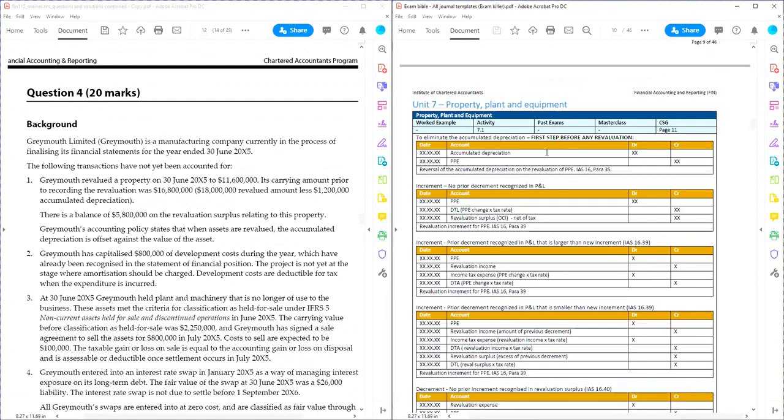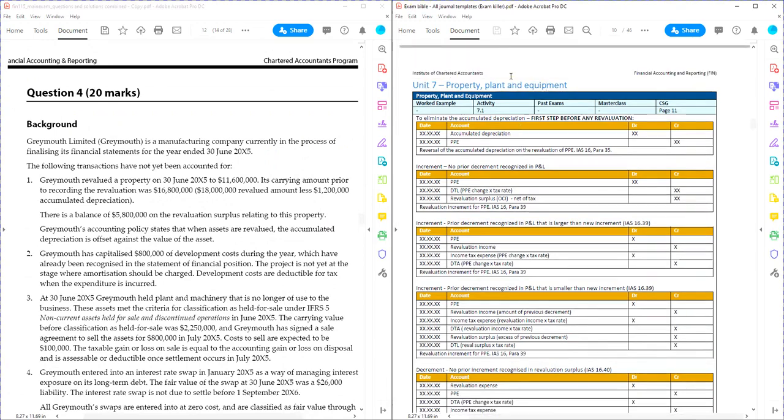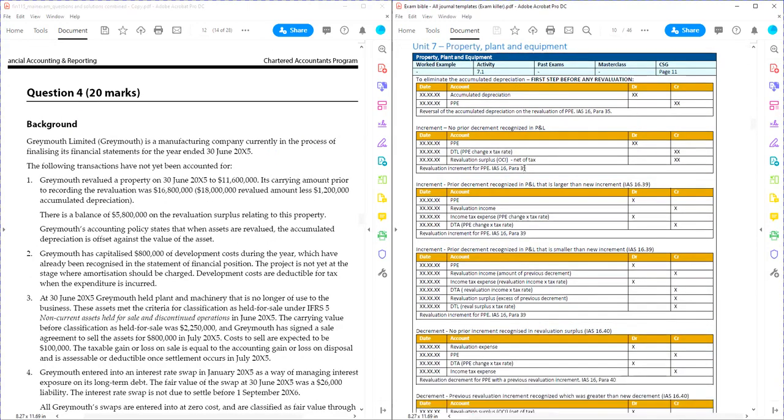So what I've done first of all is bring up the exam Bible template for Unit 7, Property, Plant and Equipment. Okay, so there's a few tricky bits around this. The choice of journals depends on what the prior adjustment in the P&L was for the revaluation.